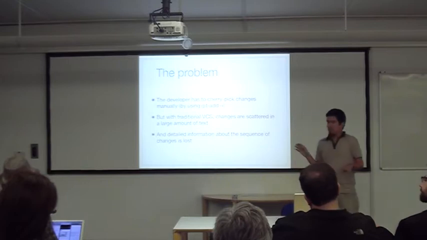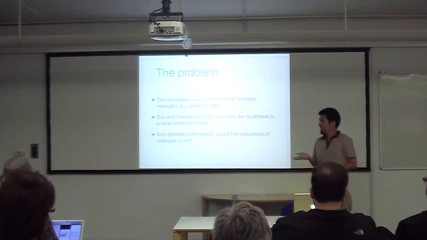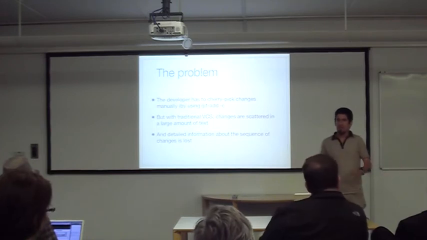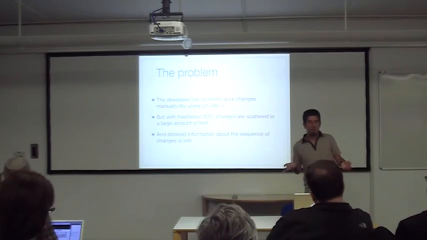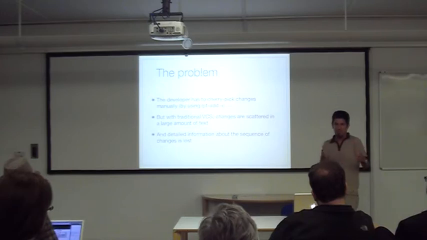And with the traditional version control system, it's kind of messy because the changes are scattered in a lot of text files, and you lose a lot of information about how you arrived at the result of your commit.